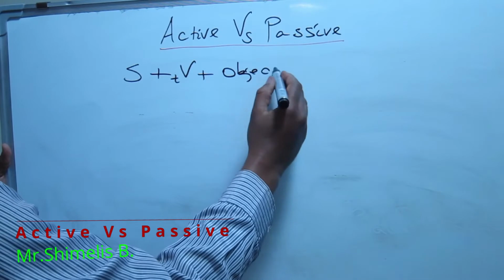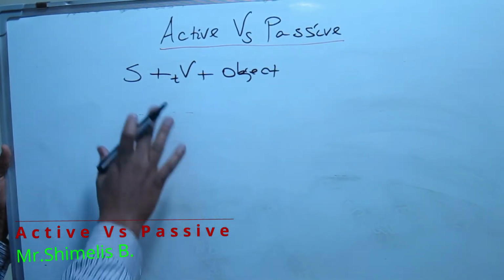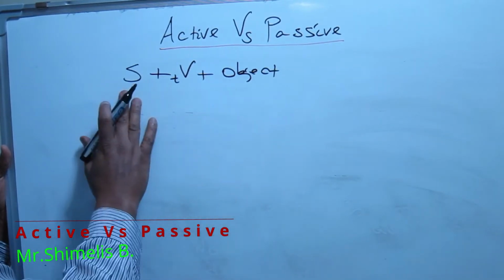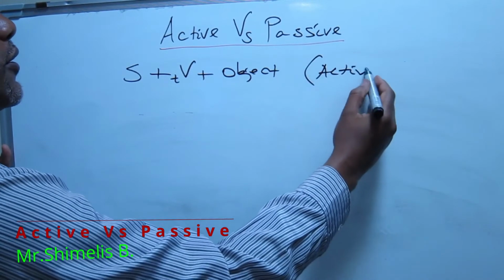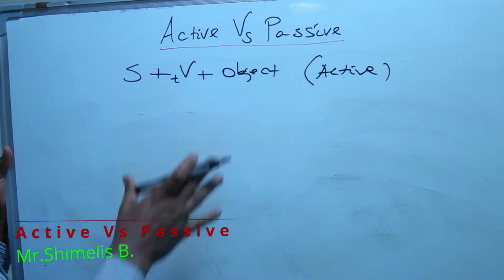Assuming we have all the three elements of a sentence, the subject, the verb, and the object, this being the active sentence, how do we change this active sentence to passive?